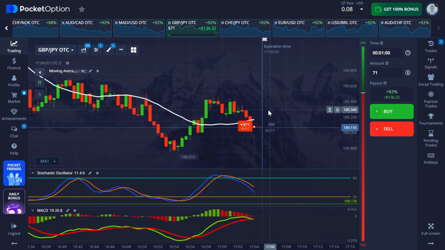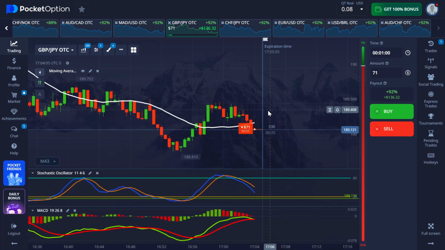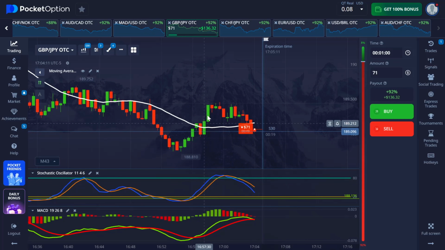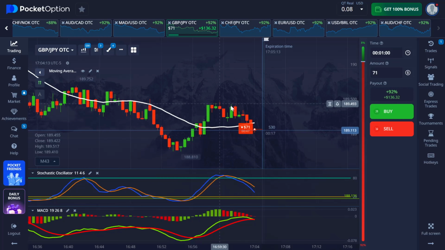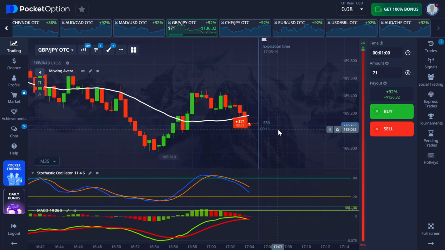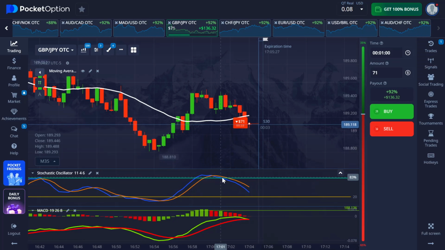Nice. Okay, I like how the moving average is moving. As you guys can see, the price breaks the moving average and it breaks it back. So I'm expecting the price to go down for at least 2 to 3 candles. But the main thing that caught my eye was the stochastic oscillator.